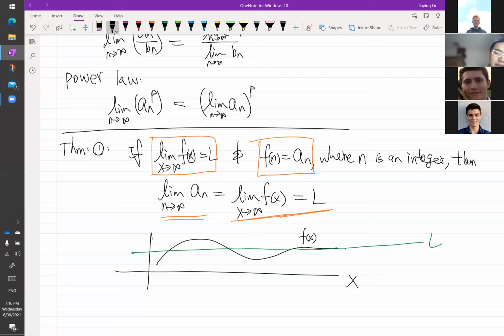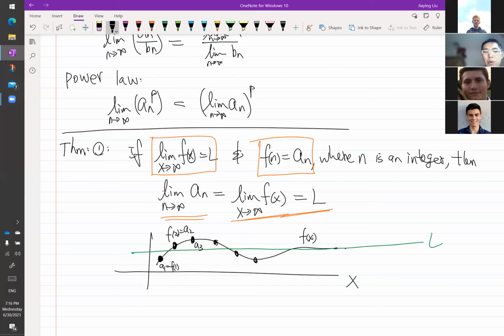And for every x being an integer, say x equals 1, f(1) is this value, and this is also a_1, and x equals 2, this is f(2), which is also a_2. This is x equals 3, this is also a_3, f(3), and so on.